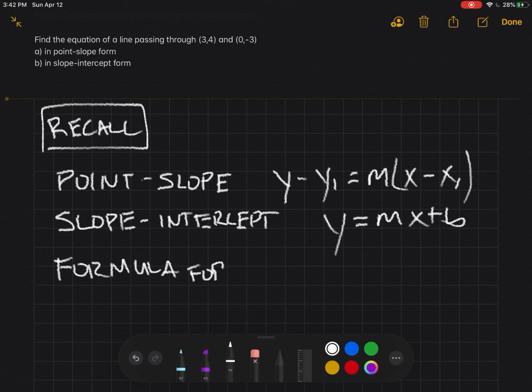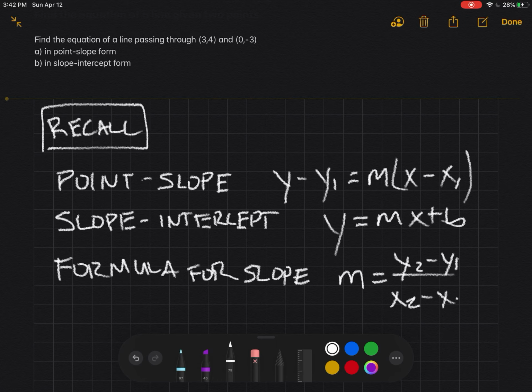And the formula for slope, if I have 2 points, looks like y2 minus y1, the y coordinates, divided by x2 minus x1. And that's how we find the slope.